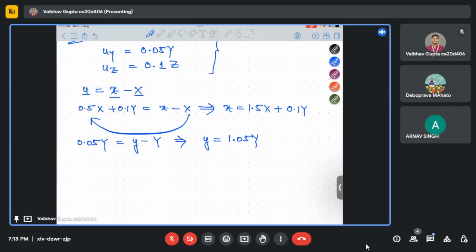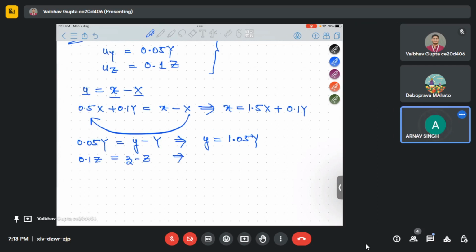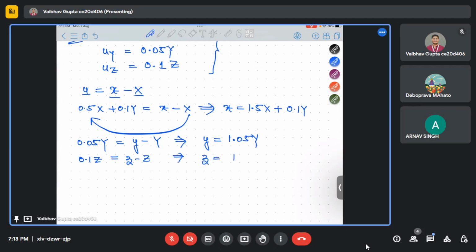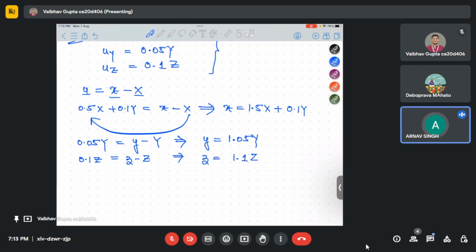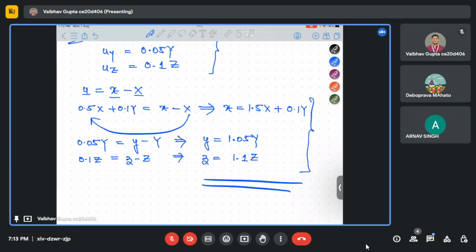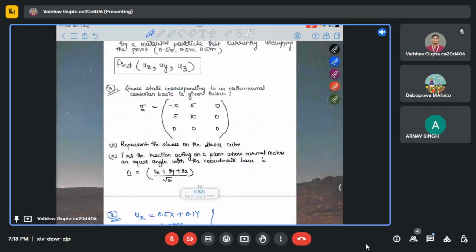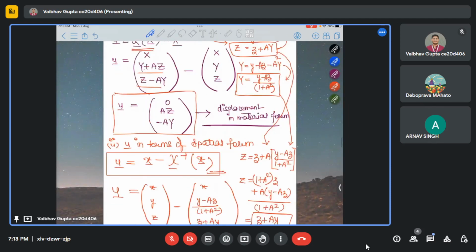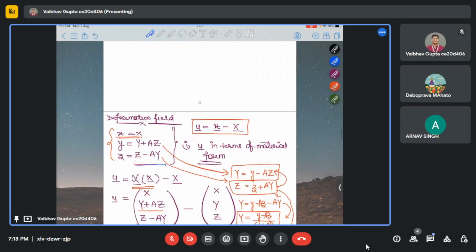Now you will write uz: 0.1z is small z minus capital Z. So small z will become 1.1z. Now, while seeing these three things, can you relate to the first problem? This is nothing but the deformation field. In the first question, we were given a deformation field. These three things were given.